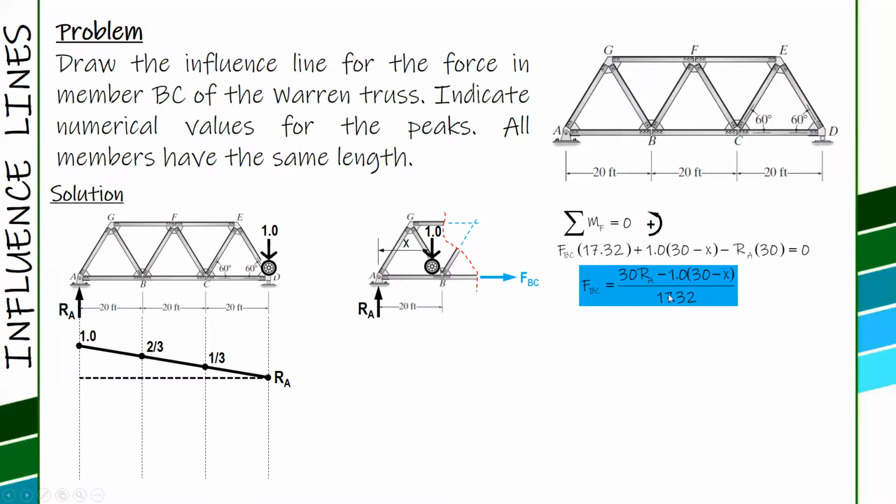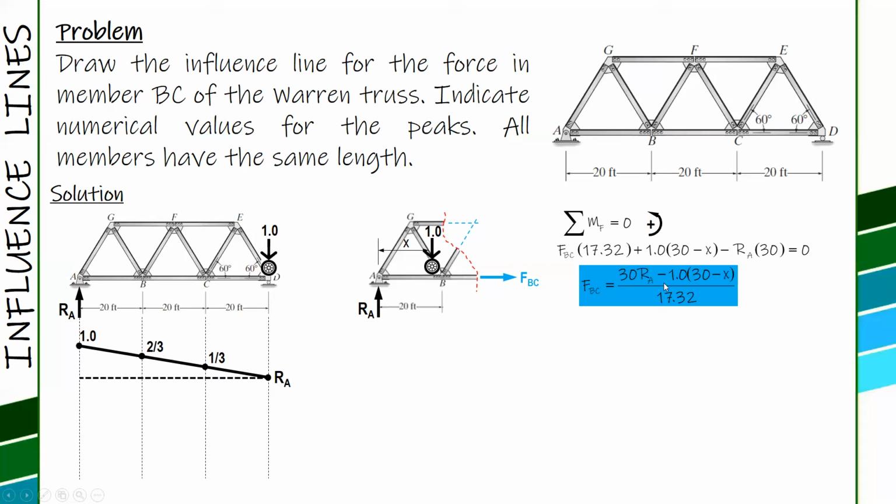Bali, ang unit load will be considered only kung ang unit load naa sa joints A and B. When it reaches joint C, wala na unit load makita diri sa left side. So kung magsum ka og moment sa F, you will only be considering FBC and RA.